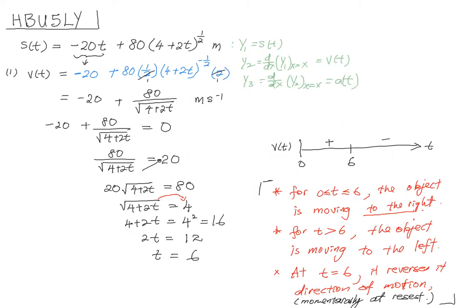Okay, let's go to the acceleration function. We have our v(t) as negative 20 plus 80 times (4 plus 2t) to the power of negative 1/2. We want to find acceleration, so we must differentiate the velocity because acceleration is the rate of change of velocity.